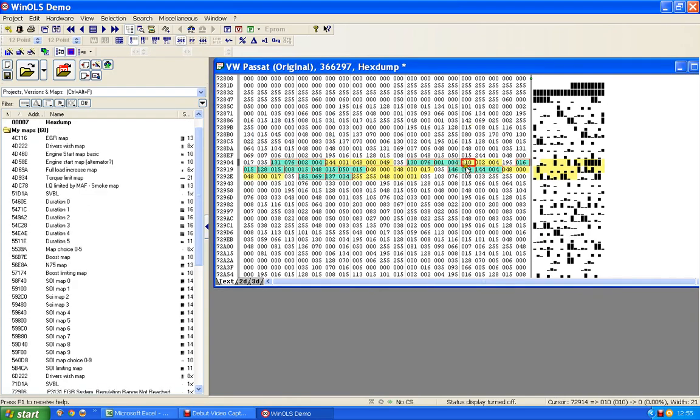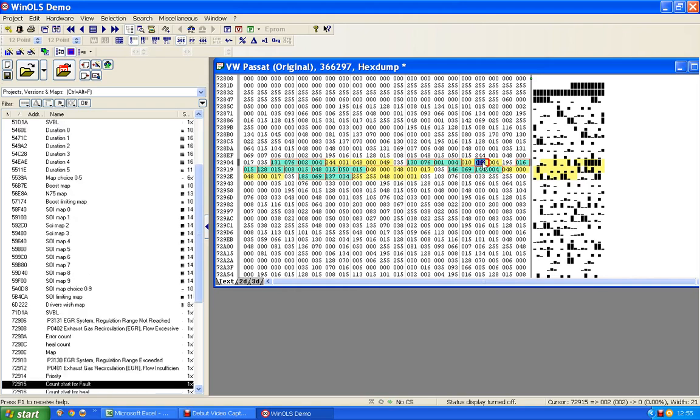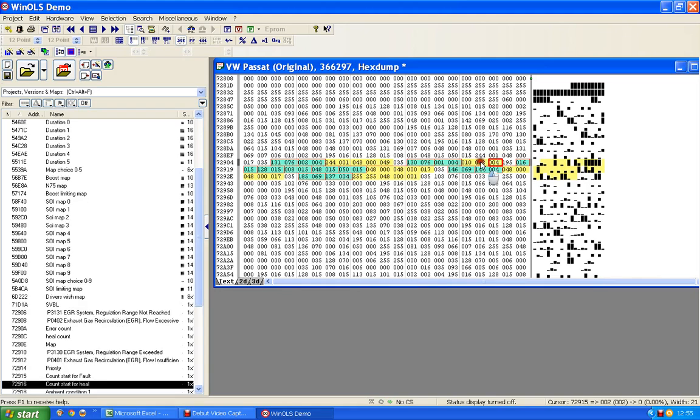But assuming that that is the equivalent of priority, then this would be our count for fault count starting and heal count starting. And again, I believe those are connected with the other counters. So they are the point at which the counter should start. But again, it's very, very difficult to pin these down exactly, but it would appear to be that way.